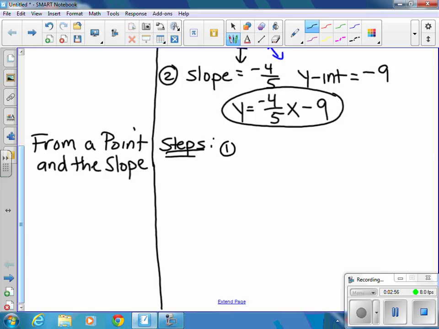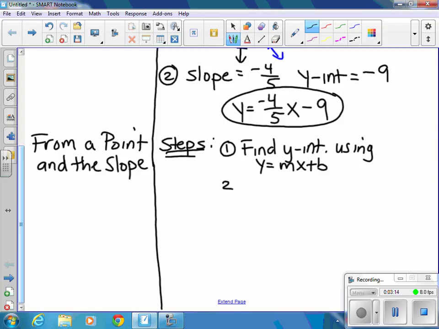The very first thing you want to do is find the y-intercept using y equals mx plus b. They're going to give you the m. Your job is going to be to find the b, right? But they're also going to give you an ordered pair to do that.